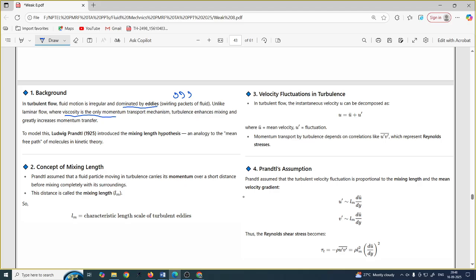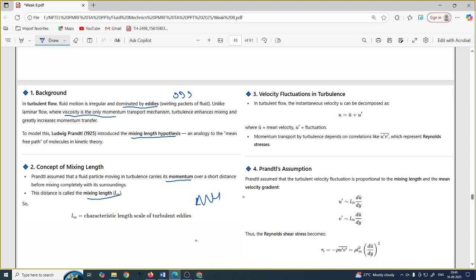So to understand the mixing phenomena, what Prandtl did was the mixing length hypothesis. In the mixing length hypothesis, Prandtl assumed that the fluid particle moving in turbulence carries its momentum for a short distance, maybe in the vertical or horizontal direction, and this distance is called the mixing length.